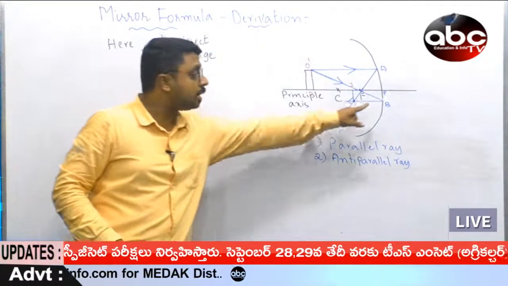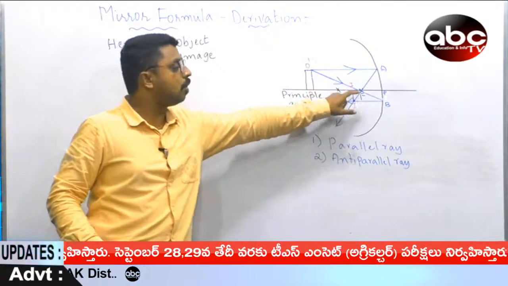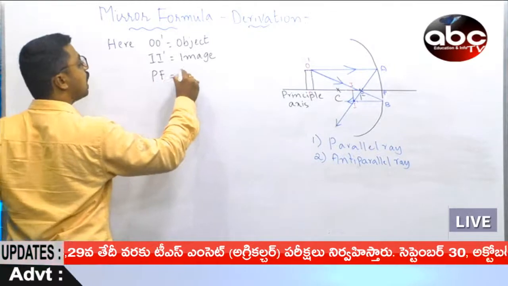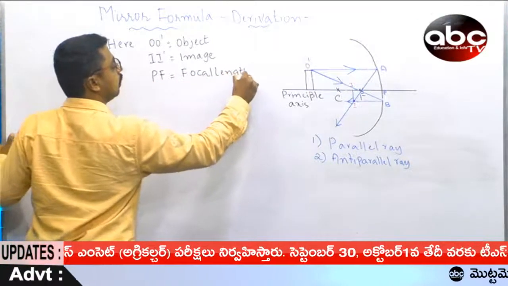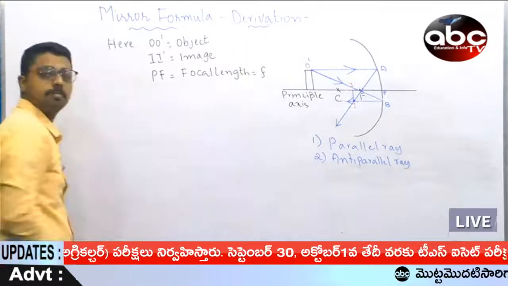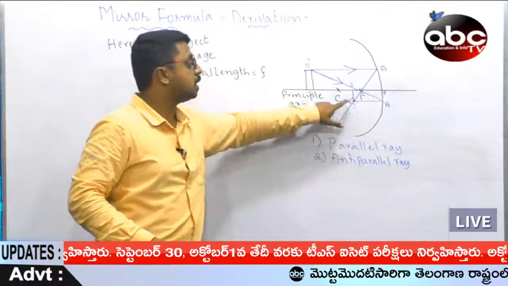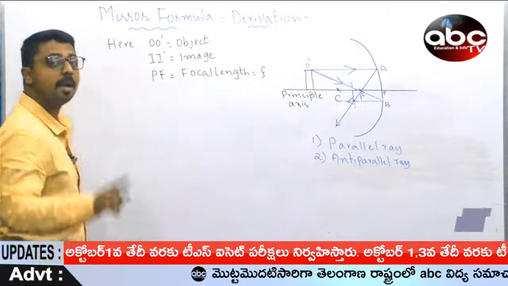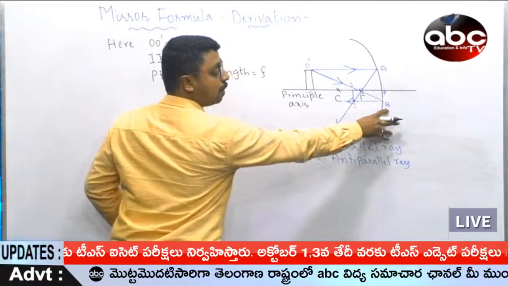At the same time, at a point P, from P, what about the F? The distance is nothing but called the focal length, or small f. At the same time, the distances P to I or B to I dash are both equal. See, the point P is here, B is also on the mirror.